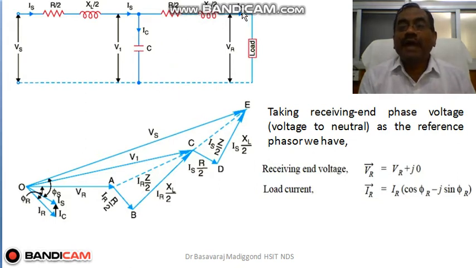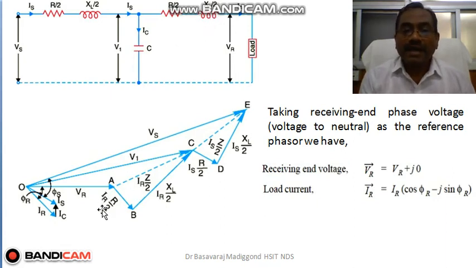Now when IR flows through this part of the transmission line, it flows through half of the resistance and inductive reactance. So when IR flows through R by 2, it creates a resistive voltage drop, IR into R by 2. Similarly, when IR flows through XL by 2, you will get IR into XL by 2.